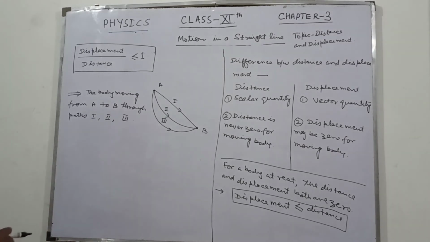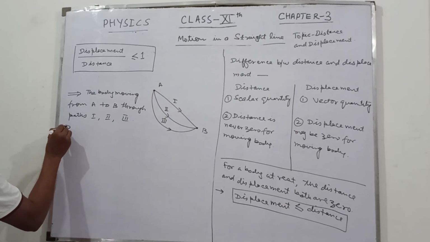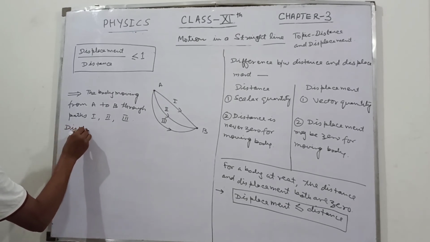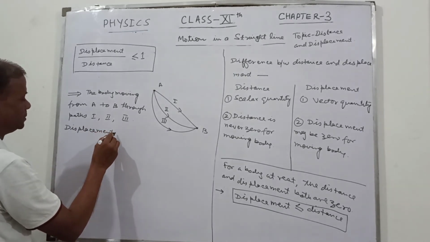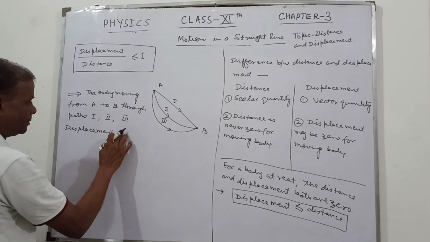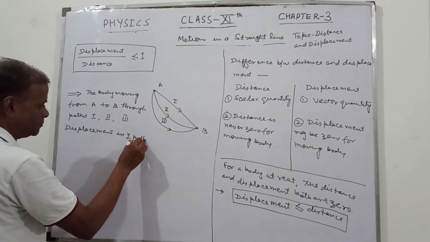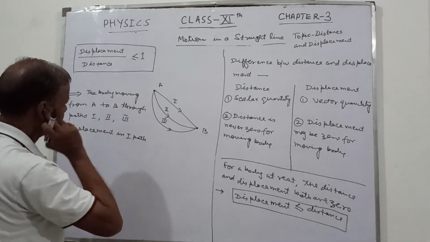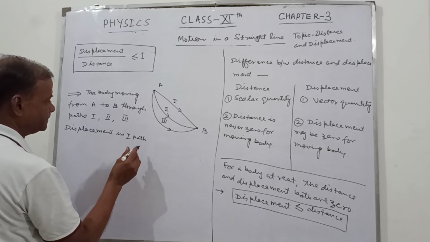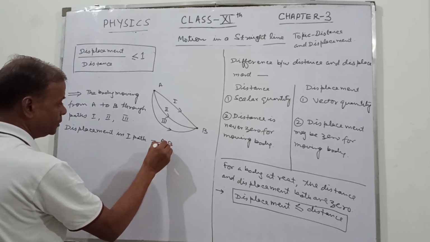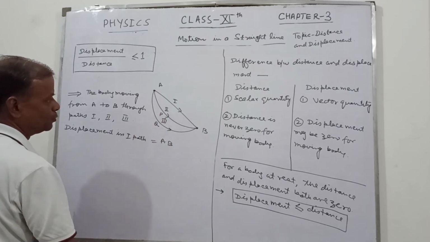Then you will see that displacement is how much? Displacement in first path is equal to AB. Here we are giving the point P, and this is the point Q.